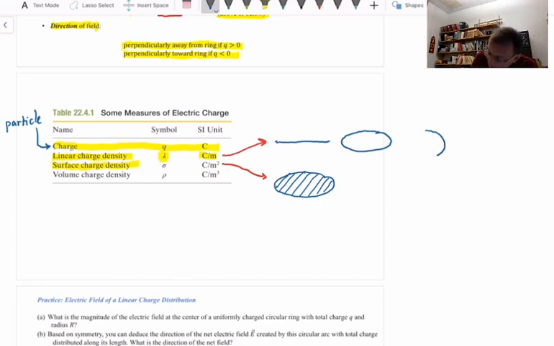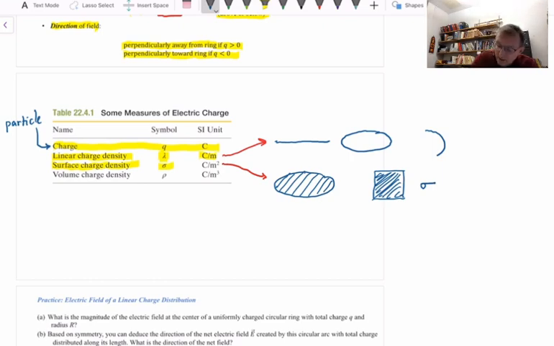Or we might have a surface shaped like a square with charge spread out all over it. So in that case, we have a charge per unit area, or a surface charge density. And that is a different symbol for that. Greek letter sigma. That's a lowercase sigma.